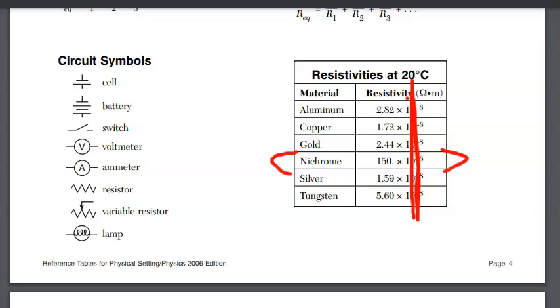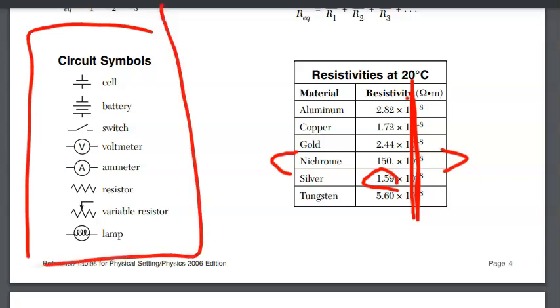Which one is going to give us the lowest resistance? That is going to be silver, because this number is the smallest of the set. The biggest of the set is nichrome, more resistance, and the lowest is silver, with less resistance. If you're asked to draw a circuit in part B-2 or part C, here are the symbols that you would use.